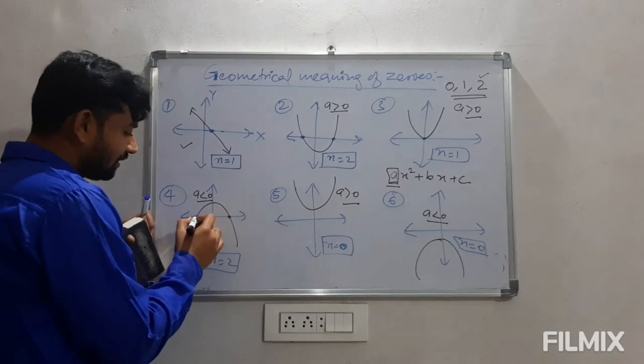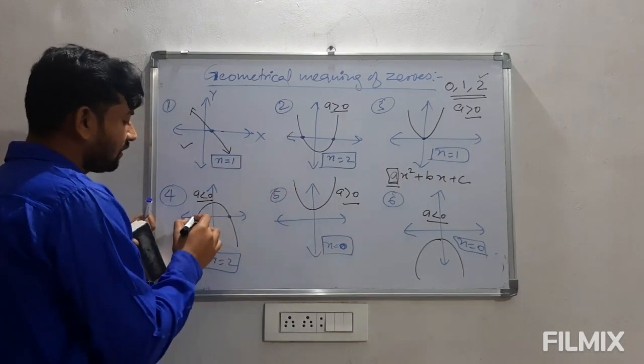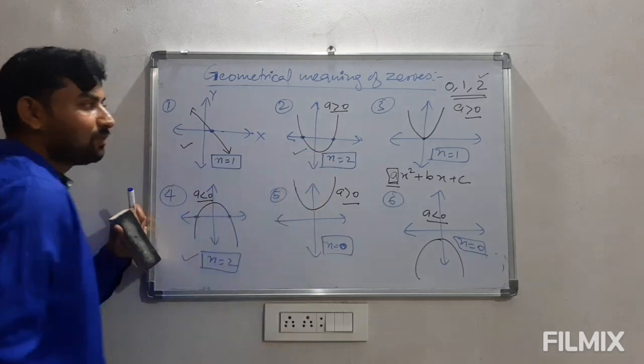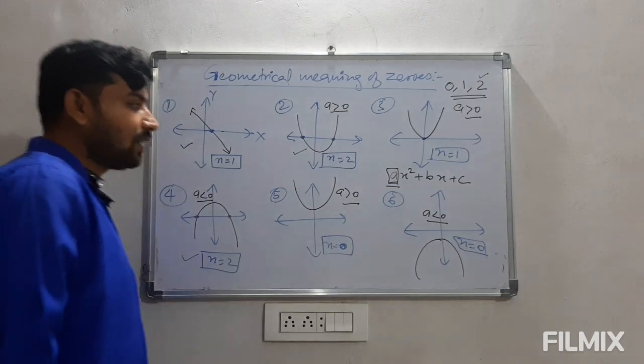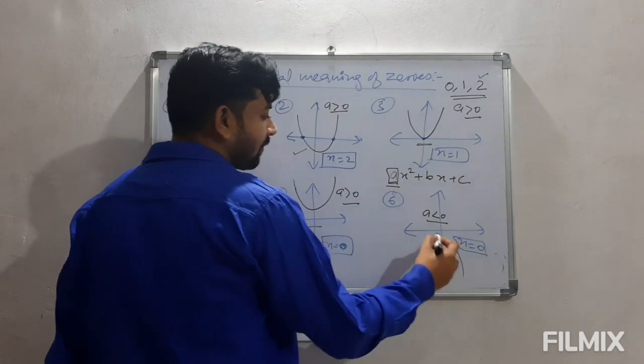When we look at question number 4 and question number 2, the number of zeros here is 2, so this is the maximum value of 0. Now the doubt is on this question and here.